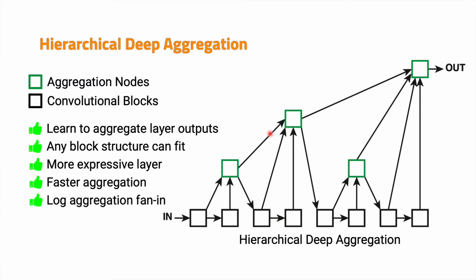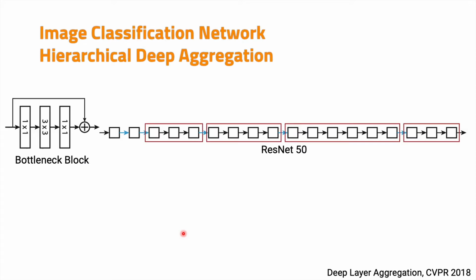Another good thing about this is that the overhead for the additional building blocks is only the log of the total number of convolution blocks. In other words, the number of aggregation blocks is small compared to the number of convolution blocks in the backbone. Therefore, we introduce minimal overhead to the overall network structure.